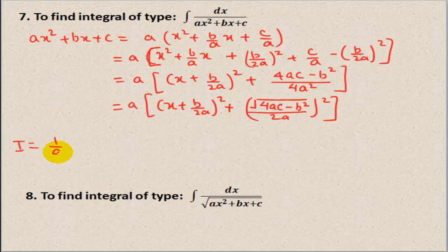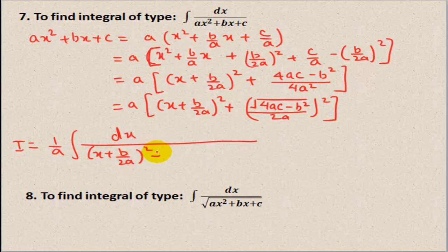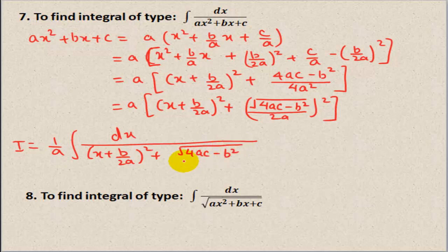It will be 1/a ∫ dx over (x + b/2a)² + (√(4ac − b²) / 2a)². So it is one of the forms which were discussed earlier, one of the 6 forms.